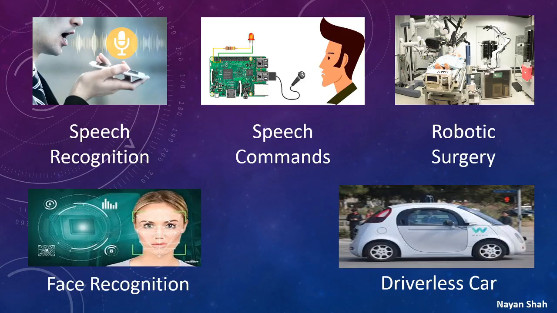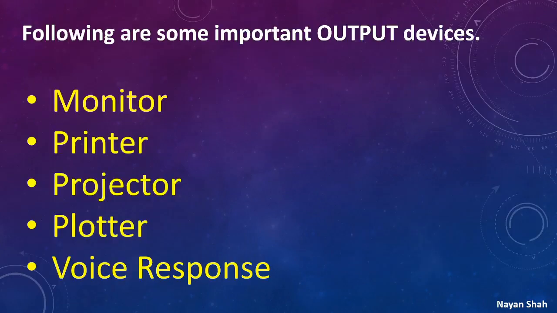You might have seen some houses where the door will only open when the face recognition device recognizes your face. Driverless car is the best example of speech recognition and face recognition. It identifies the objects around us through different cameras and different voice input, and accordingly it moves ahead finding the space. So all these are the latest devices which use artificial intelligence with speech and voice recognition.